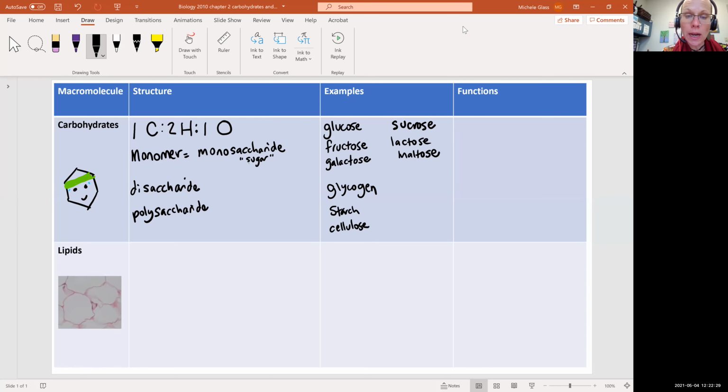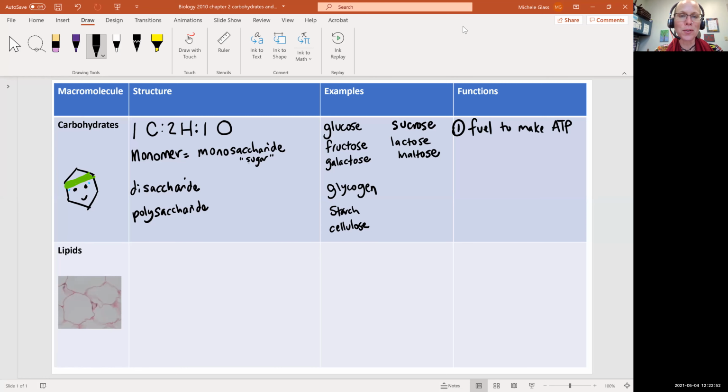Now, what are the jobs for all of these carbohydrates? We have really 2 major jobs, and one would be fuel to make ATP. ATP is a molecule that we've talked about a little bit already. We'll talk about it again in a few videos.